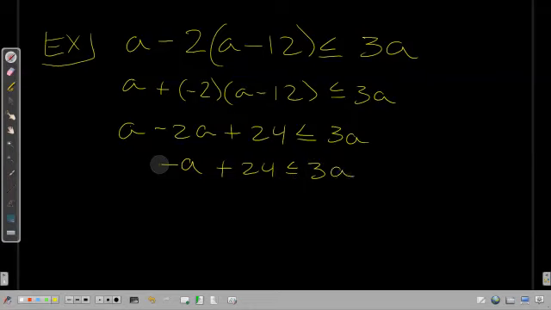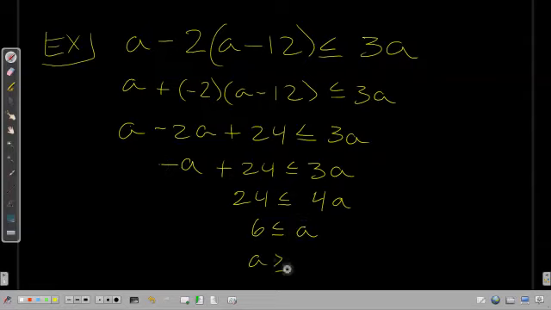Then I can add a on both sides, which gives you 3a plus a, that's 4a. Divide by 4 on both sides, and we have that 6 is less than or equal to a.